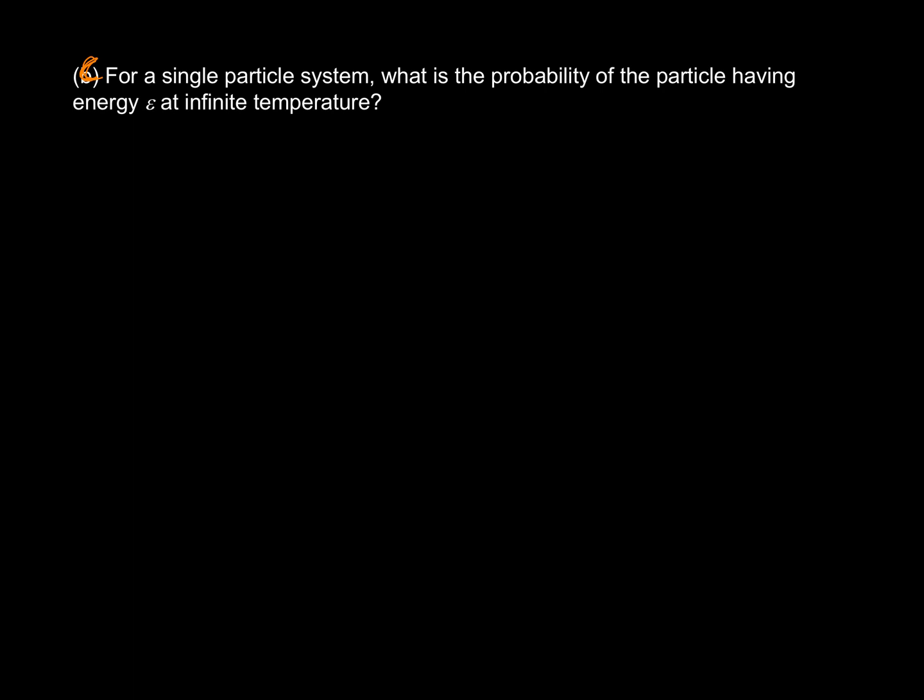Conceptually, you might be able to get this one right away. Mathematically, it takes a little bit more. So does anyone have the conceptual answer? What is the probability of being with energy epsilon at infinite temperature?